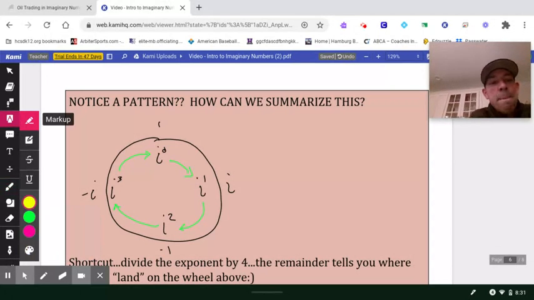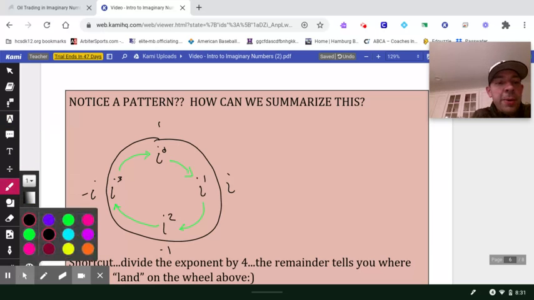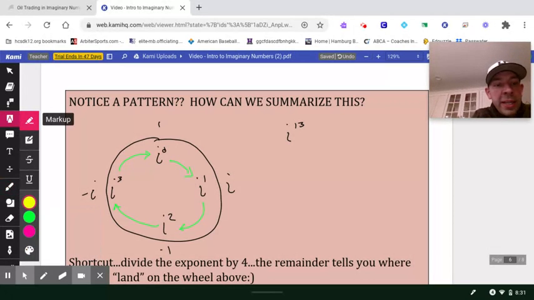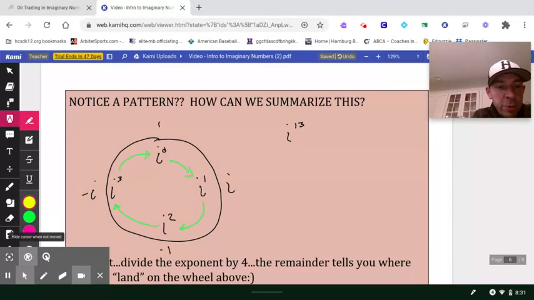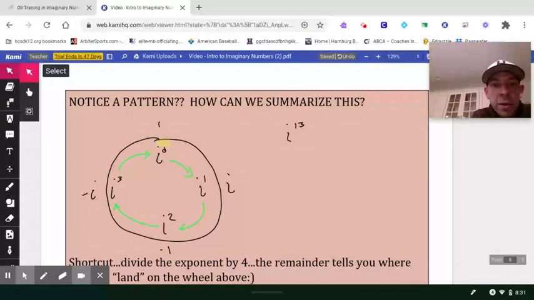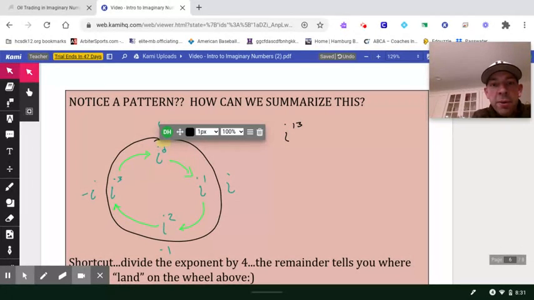So let's say I had something like maybe I to the 13th power, and I wanted to simplify I to the 13th. So I'm going to try to use my highlighter so that you can follow me. In fact, maybe I'll get brave here and experiment with one of these other pointers. Maybe. Oh, okay. Let's try that. All right. So I to the 13th. What I'm going to do with that is start at 0, and just count around the circle.